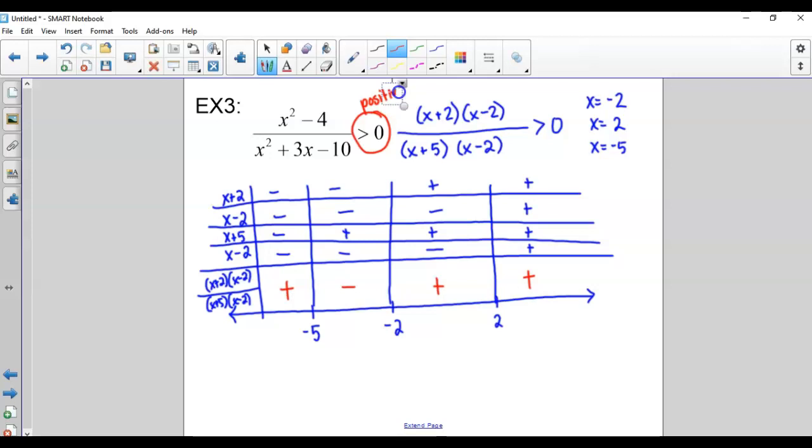So we have several sections where this answer would be positive. We have anything less than -5. I'm not using the or equal to because I did not have an or equal to with my answer.